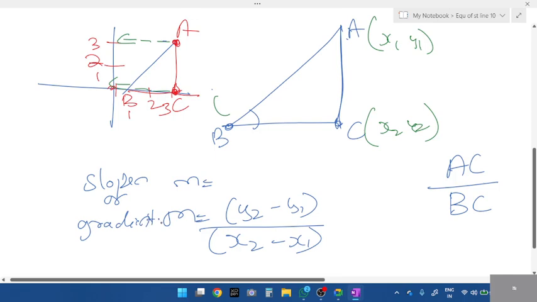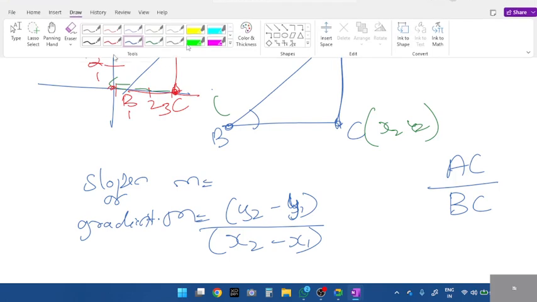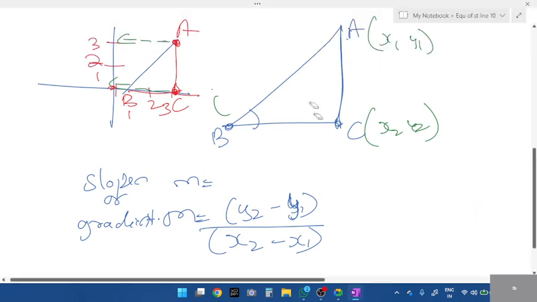Whenever theta is given, use tan theta, for slope or gradient. Or when 2 points are given, y2 minus y1 divided by x2 minus x1. See, from this formula, if I rearrange it, how many x values do we have, students? All of you will respond. x1 comma y1, right?